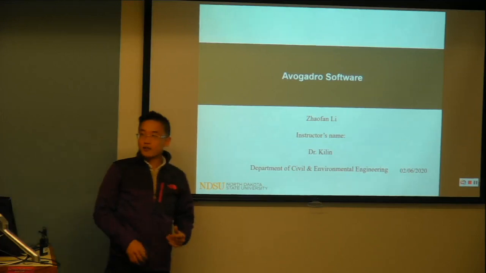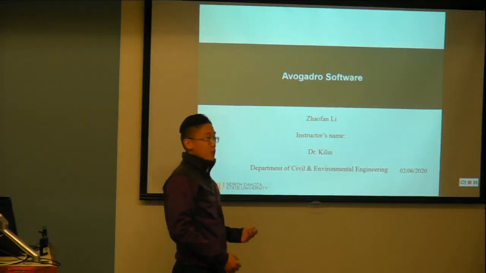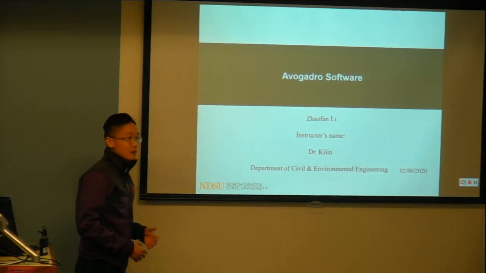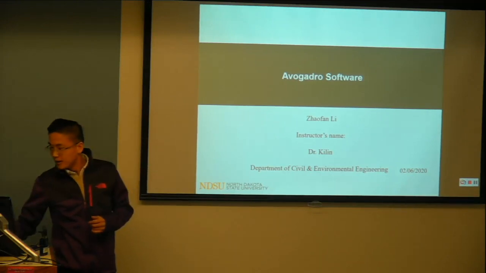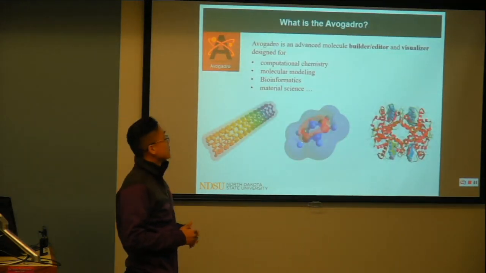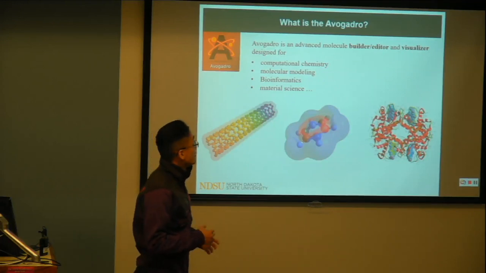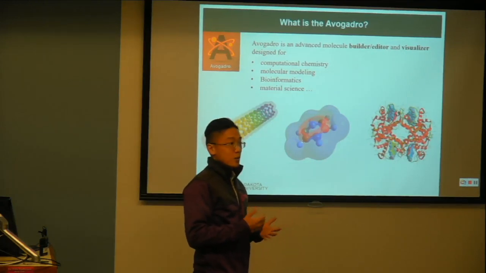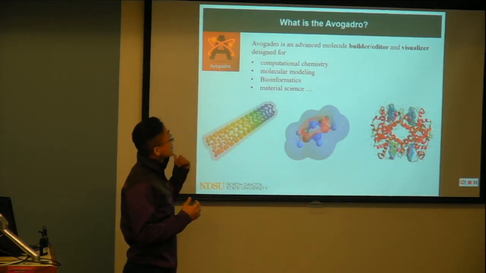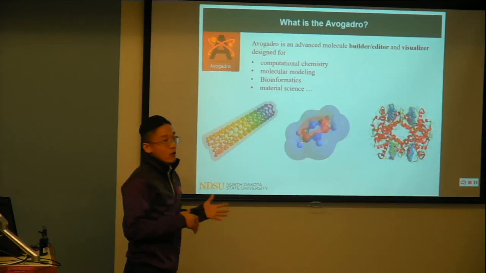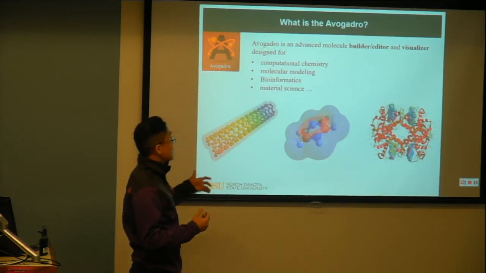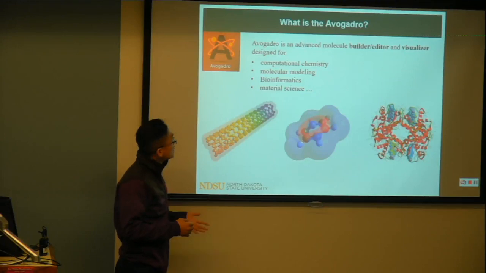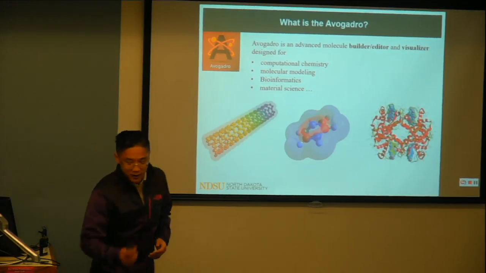Alright, since you are too tired for listening, I will try to finish within 5 minutes. So today I will briefly introduce another good software called Avogadro. Avogadro is a molecule builder or editor and visualizer, which is very similar to the Gaussian software, and we can also use it to build or construct any molecules for computational chemistry, molecular modeling, material science, or other purposes.